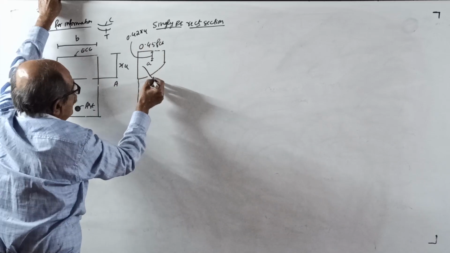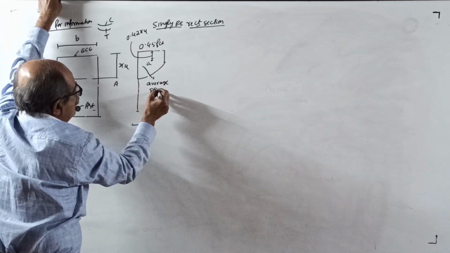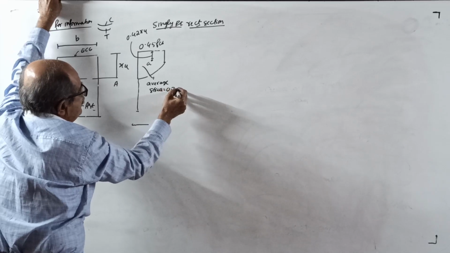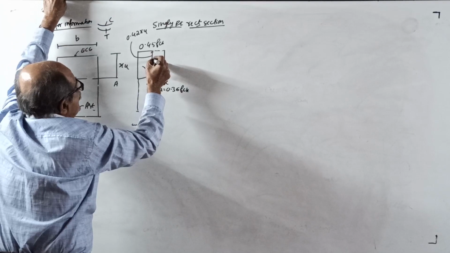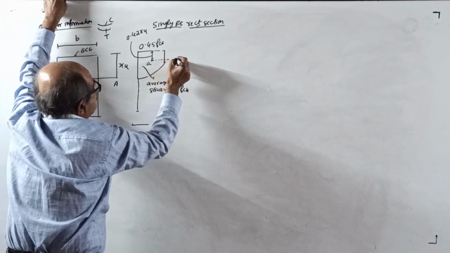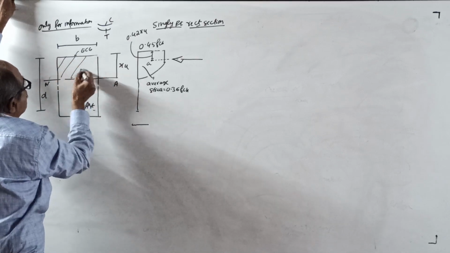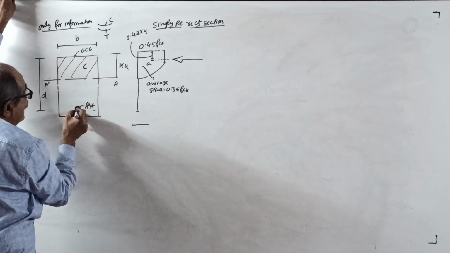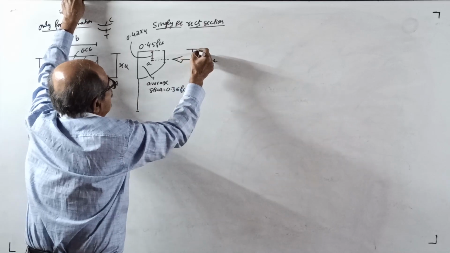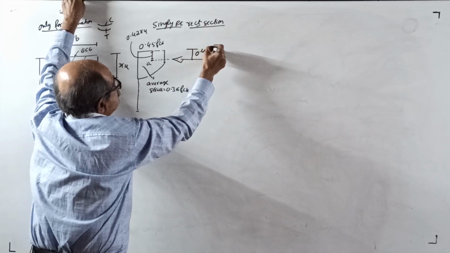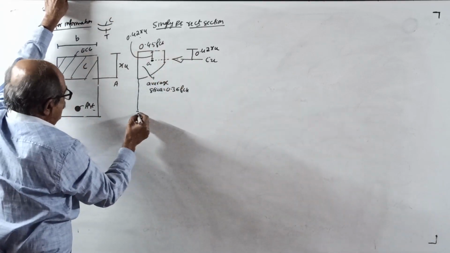And for the full stress block, average stress, all this I told you, equal to 0.36 fck. Now, through CG of the compressive stress block, this is the area resisting compression. This is area in tension. With a resultant force Cu here, which will act at 0.42 Xu because you know the center of gravity is at 0.42 Xu.